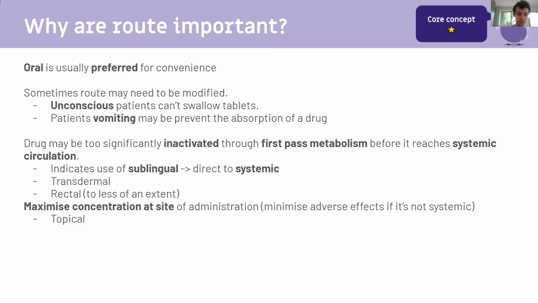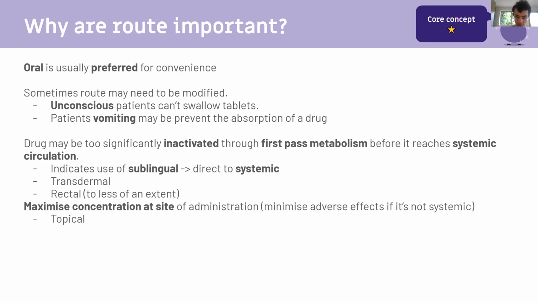So to combat this, sometimes sublingual drugs are given, which go direct to systemic. Sublingual is under the tongue. Nitrates are given sublingually. Transdermal is over the skin. Rectal to less of an extent, really, as an alternative. And if you want to really maximize the concentration at a site, you'll give topical drugs. So if you've hurt something over here, you're going to give the drug over there.